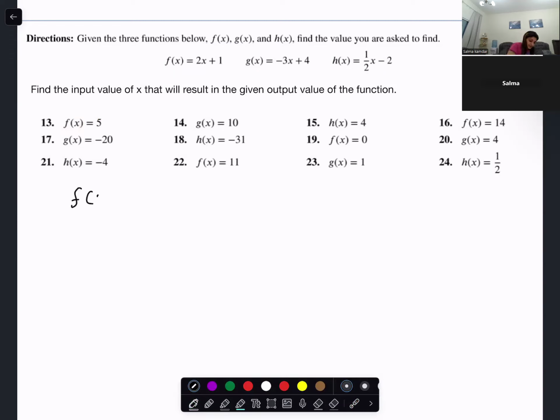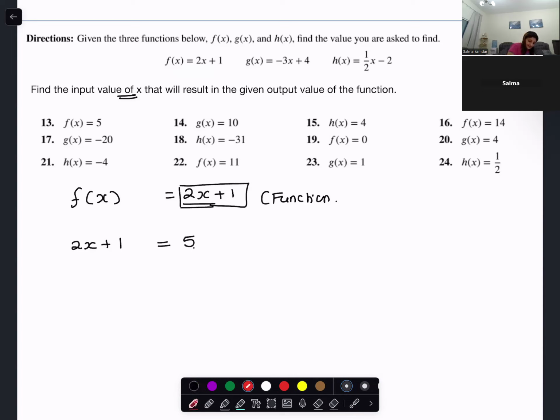I have the function f of x is equal to 2x plus 1. I know the value of this function is 5. So I know 2x plus 1 is equal to 5. I want to find x.